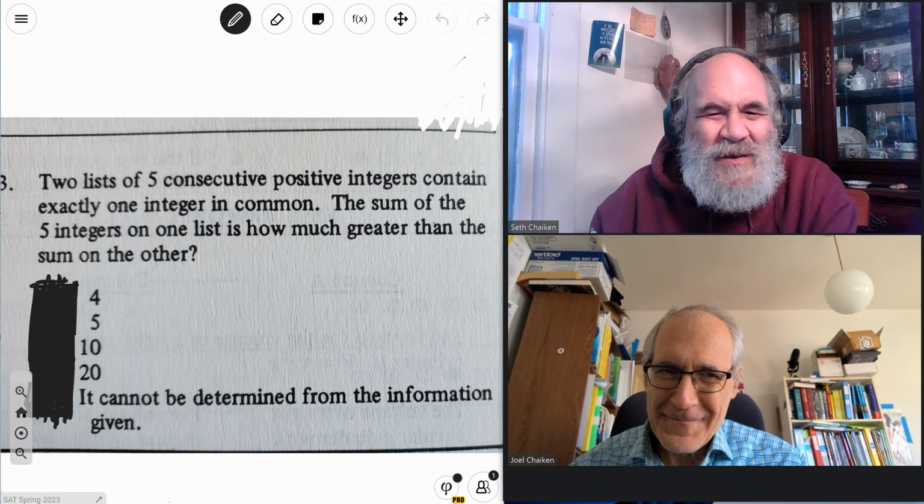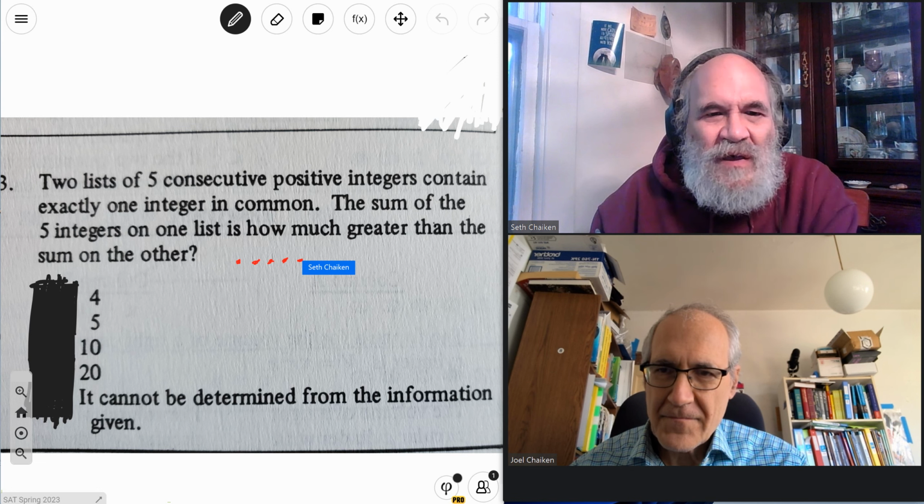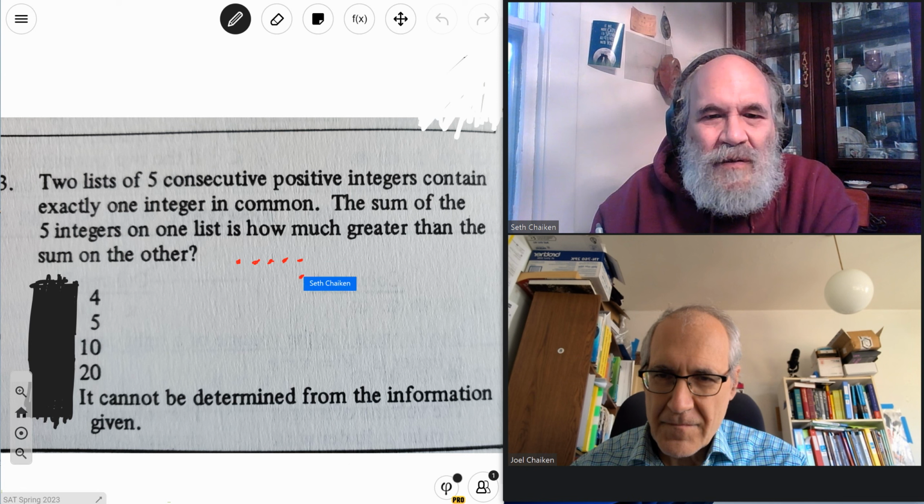Here's the first list. They're consecutive integers. So this is what I do. I think of the first list, these 5 consecutive integers. And in order for them to have one in common, the other one has to either be like this or be the other way.